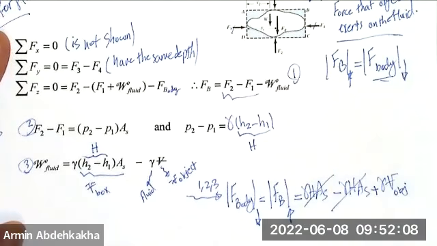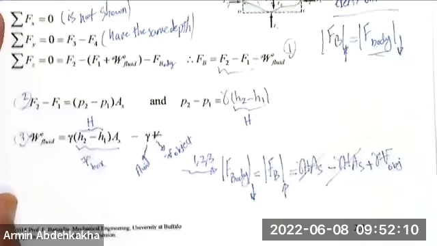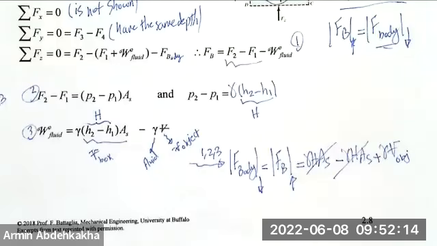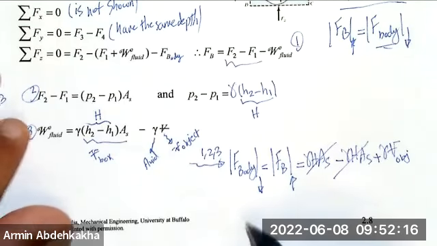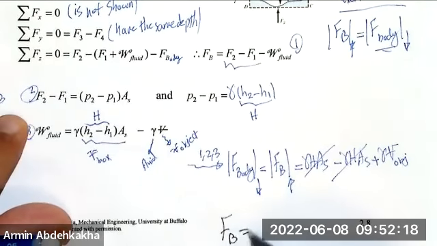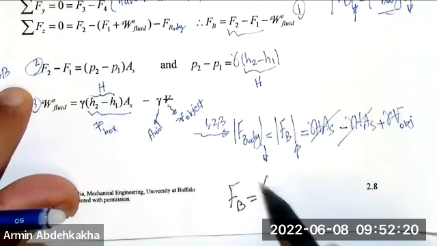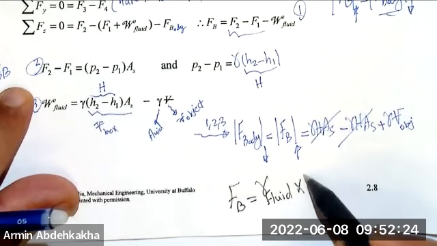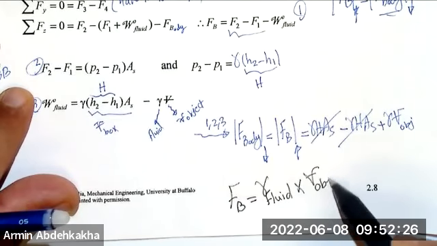These two are going to cancel out. That's the final equation for finding the buoyant force. F equals gamma of fluid times the volume of the object.